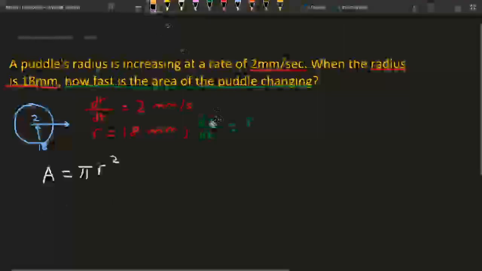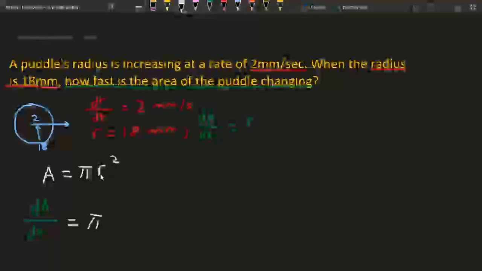So if we took it with respect to time, it would be dA/dt is equal to pi, and then for r squared, that would be 2r, and now we have to take the derivative of r, dr/dt, and it's right here in red, so let's write that in, dr/dt.